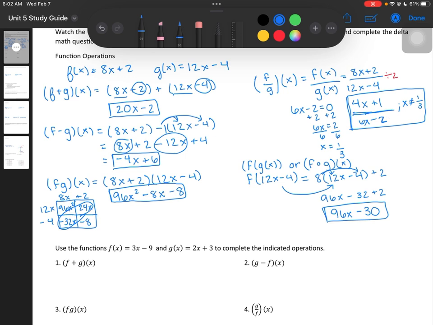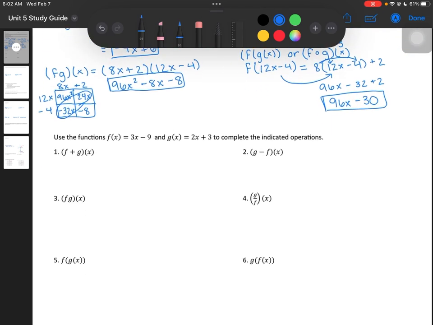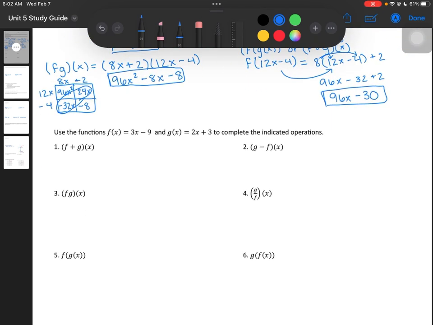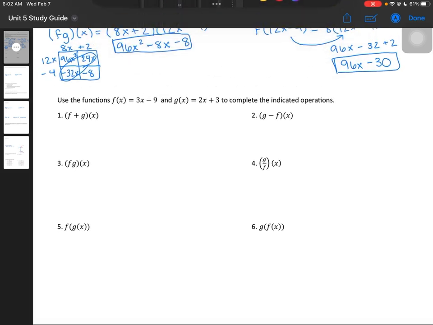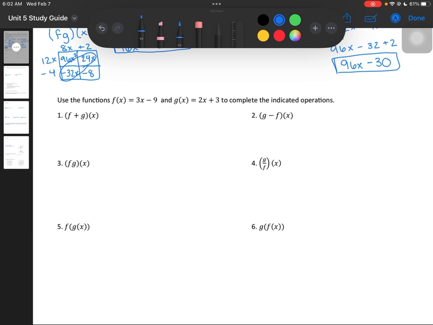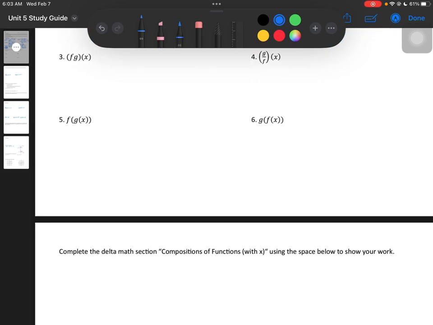So again, this is a review on our 5 function operations. And there weren't great Delta Math questions on this, so you'll see your practice problems for this are below. There are 6 practice problems here, and after you complete those 6 practice problems, you can check your answers in Formative using the question numbers to see if you got them right or not.